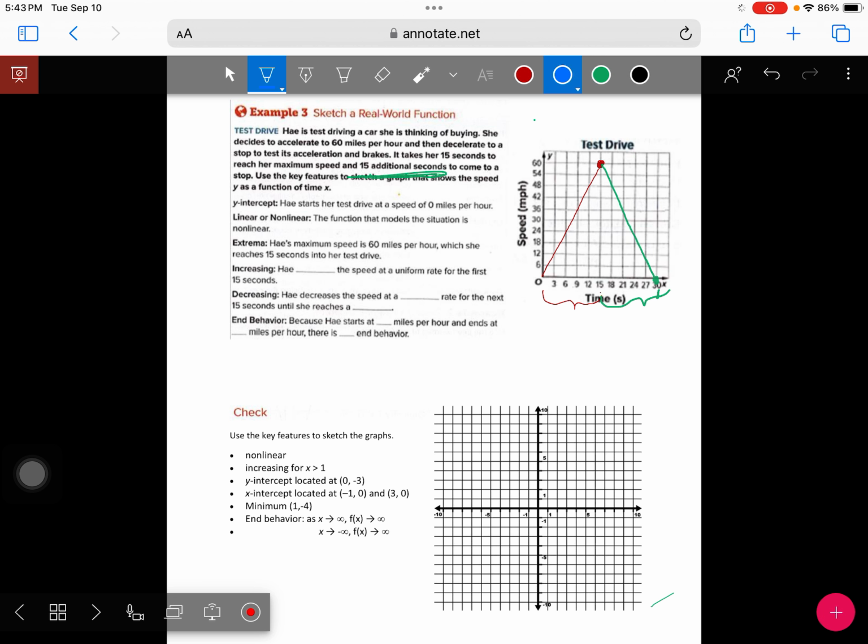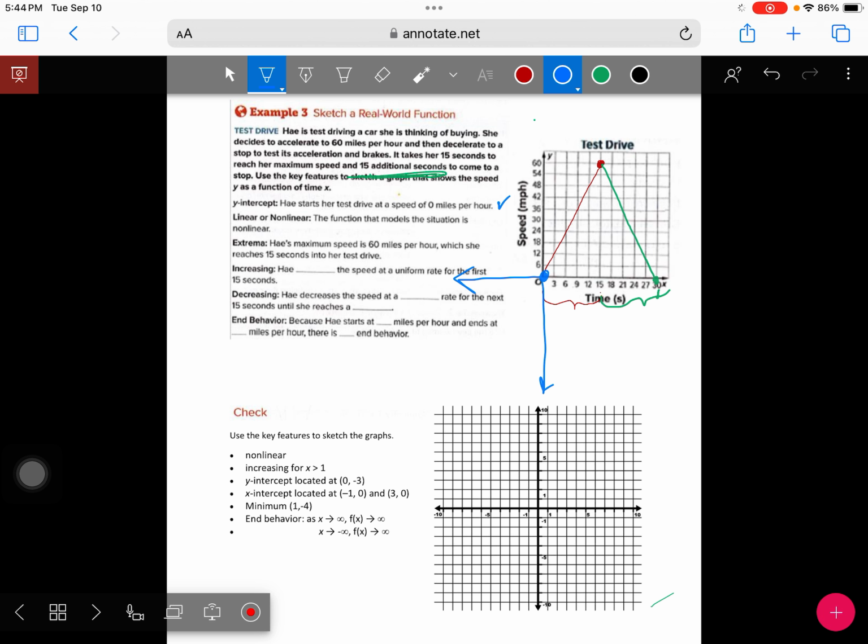Y-intercept. So this is kind of like what we call quadrant 1, where you have positives, okay? So this is as if I had a coordinate plane, and this is what we call quadrant 1. So Hay starts her test drive at a speed of 0 miles per hour.